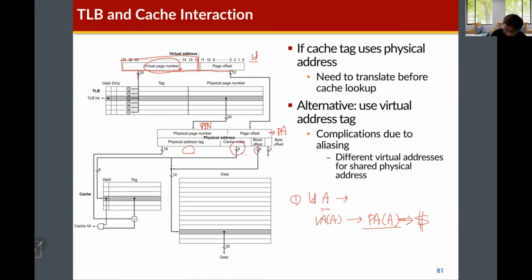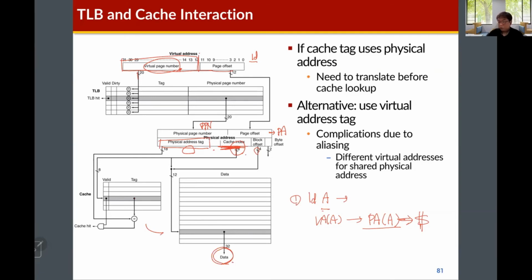We access the target cache set with this cache index, and then we check the tag in the cache with this physical address tag. For the cache hit case, we can get data from the cache.